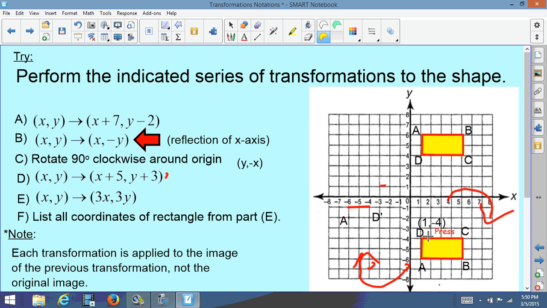So negative 4, negative 5 is down here. And if you look, D and C are on the same side, so C has to be there. And if you also check, it's got to be 4 boxes in between them. So that's going to be that right there. So we've got to just fill out B. So B will be right there, 2 boxes, which is the same distance as the top. And let's close it out.